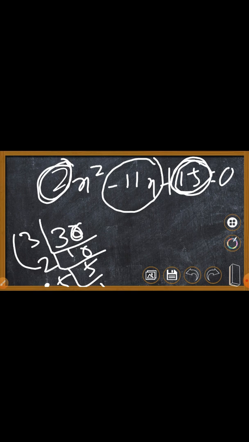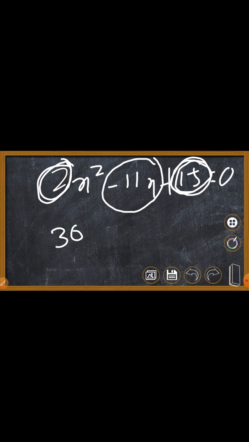So we will write it as 2x square minus 6x minus 5x plus 15 is equal to 0.